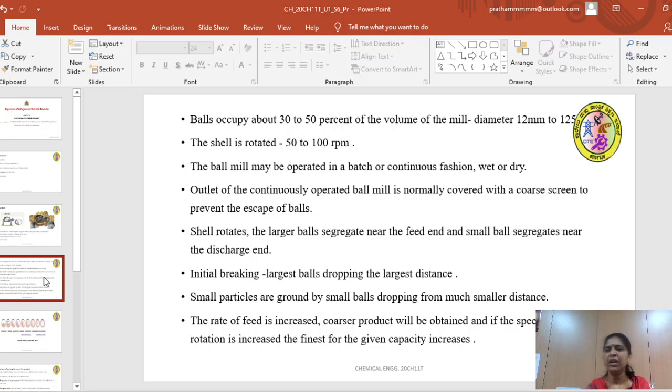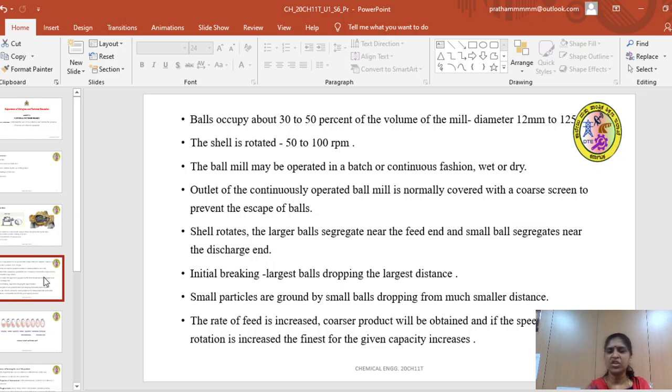It is normally covered with a coarse screen, like a sieve, at the outlet, so that it prevents the escape of the balls. So that is the batch and the continuous operation.